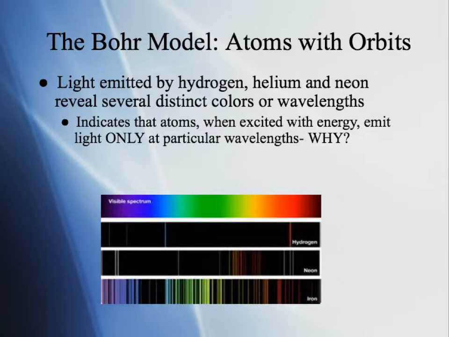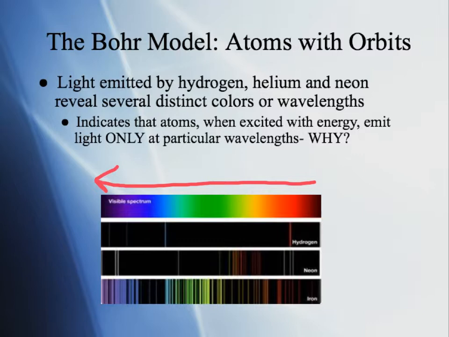Okay, so if we look at white light, just visible white light through a prism, we see a spectrum. Red, yellow, green, blue, and purple, kind of all blended together. There are no discrete lines, it's just all one kind of blended rainbow.